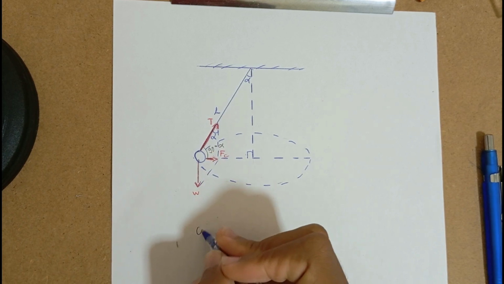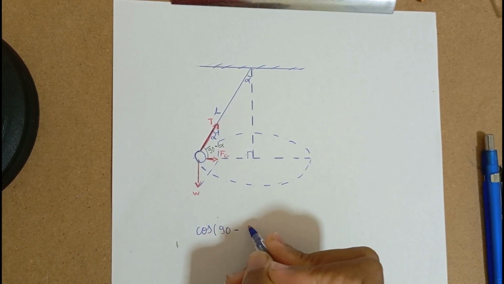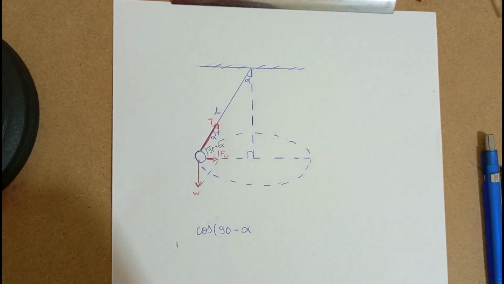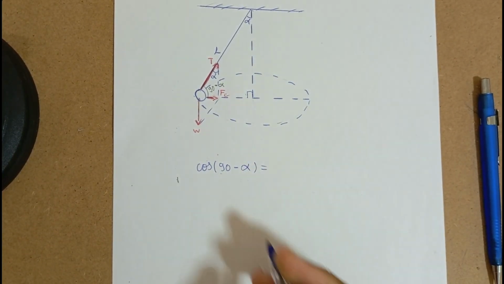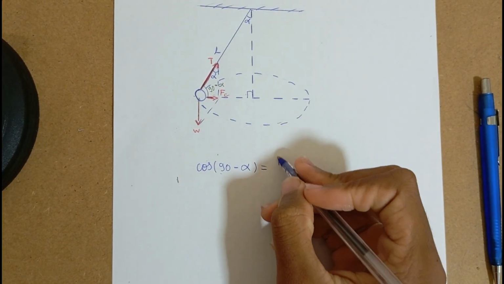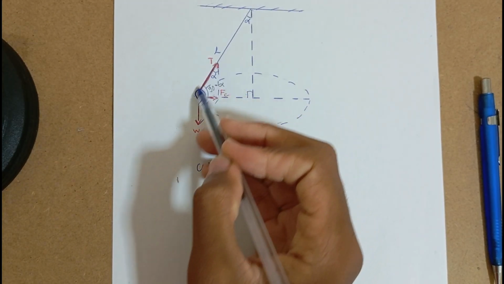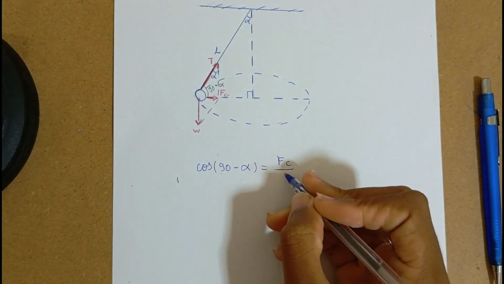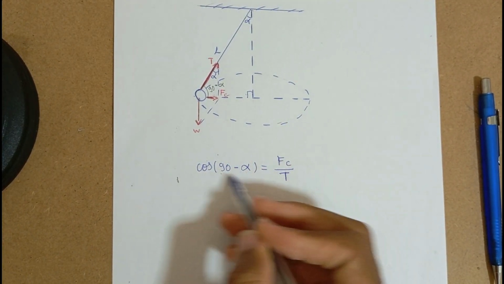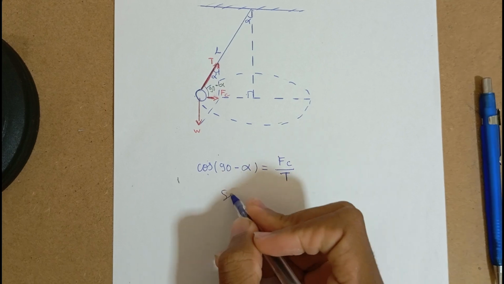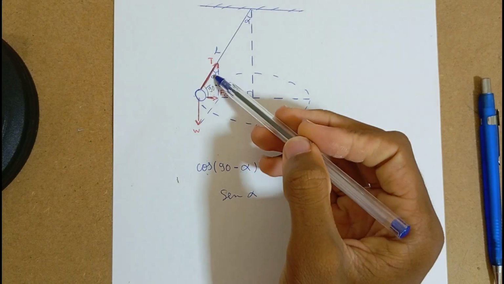Cosine of 90 minus alpha is equal to what? This force, the centrifugal force, over, because we have a triangle here, the tension force. Cosine of this is equal to sine alpha, and you could have done it using this angle too, you'll get the same thing.